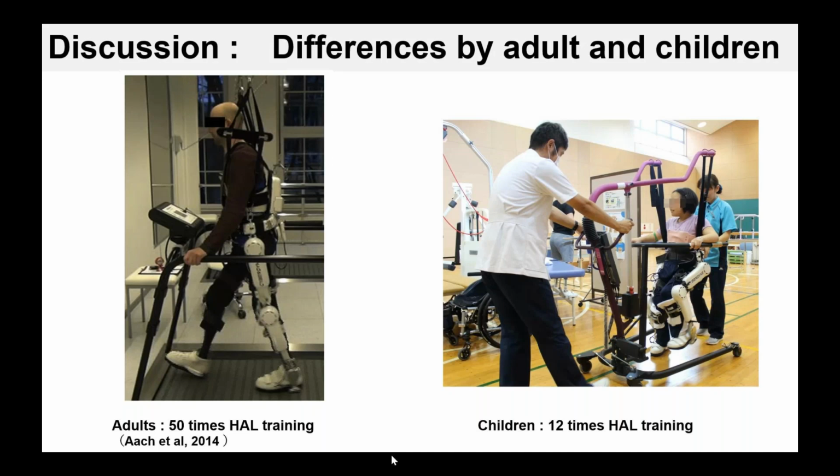However, reports show that over 50 repetitions of hard training were required for improvement in adult patients with spinal cord injury. Therefore, the results suggest that adaptation to hard training occurs earlier in children than in adults.